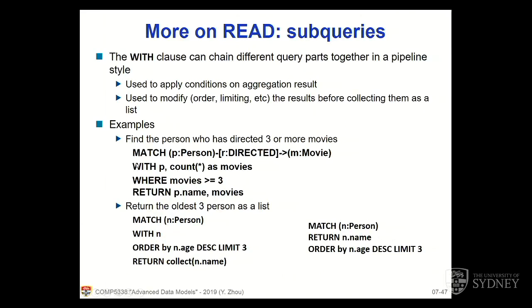Usually WITH is used when you have aggregations. So we can do something like this: match person and return the name, order by the age descendingly, and we only want the top 3. That's very similar to what MongoDB or SQL is able to do.